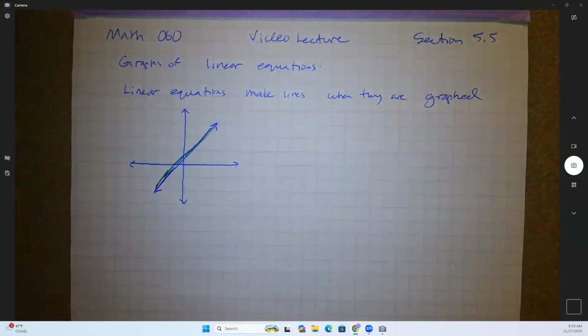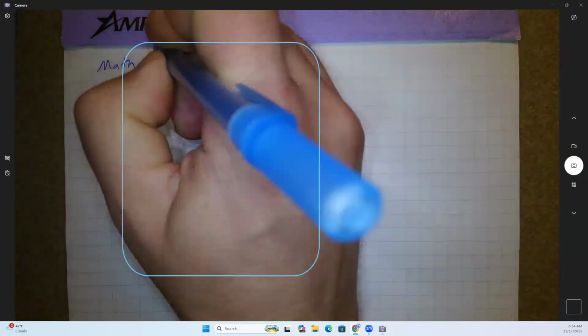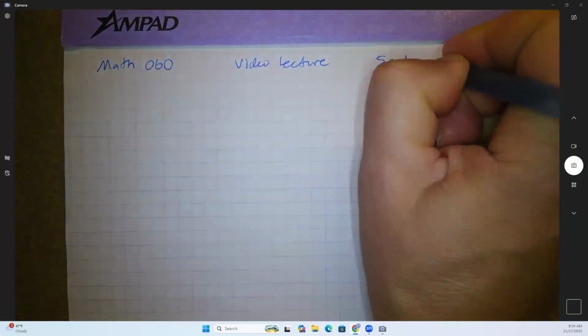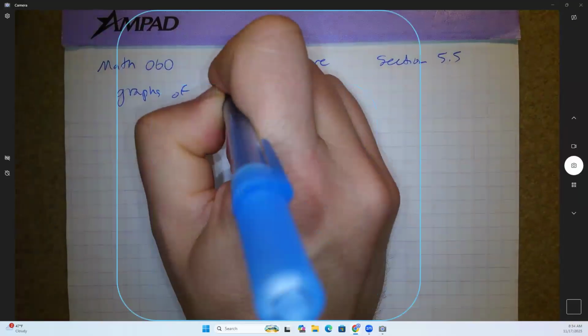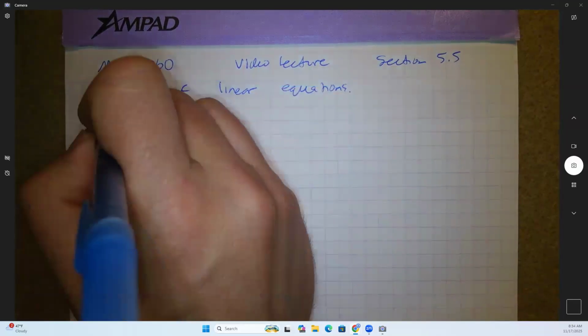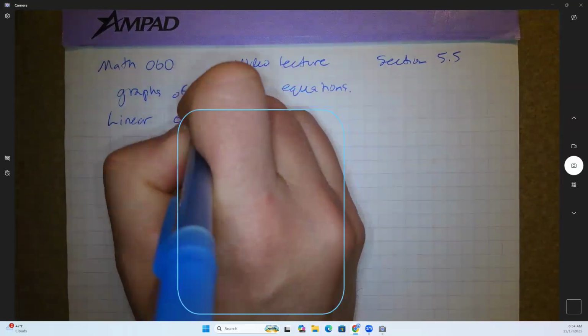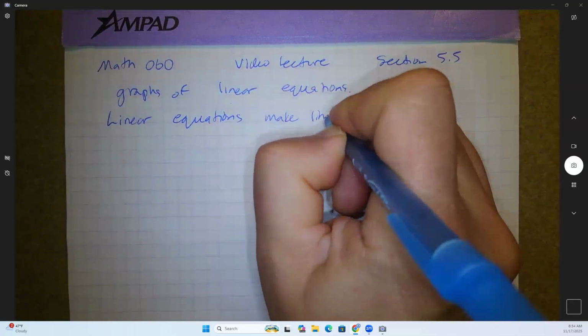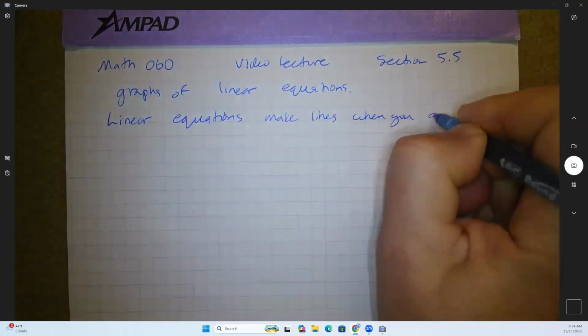I'm going to start over. All right. Section 5.5. Graphs of linear equations. And the whole reason we call them linear equations is because they make lines when you graph them.